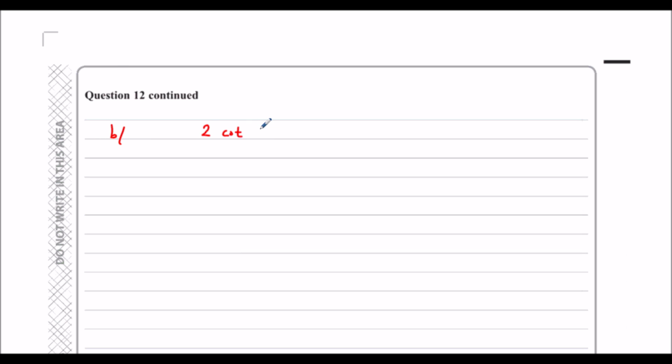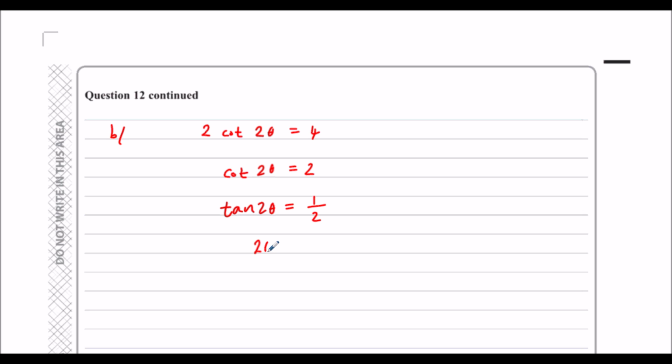Let's halve both sides. Cot 2 theta equals 2. And we don't want to work with cot, we want to work with tan. So let's flip both sides. So that'll be tan 2 theta equals 1/2.